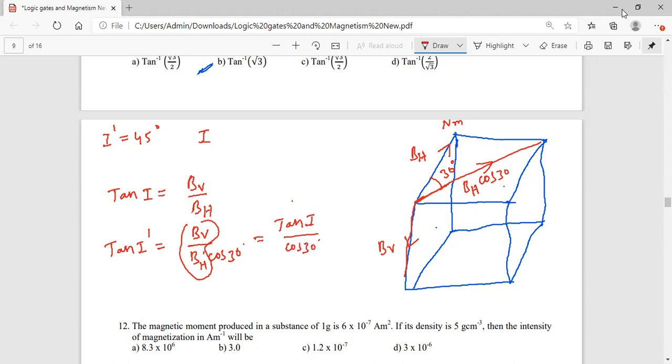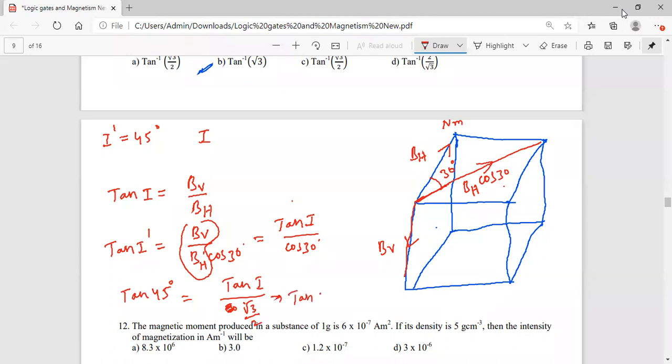Or tan I dash means tan 45 degree is equal to tan I divided by cos 30. Cos 30 is root 3 by 2, and tan 45 is 1.